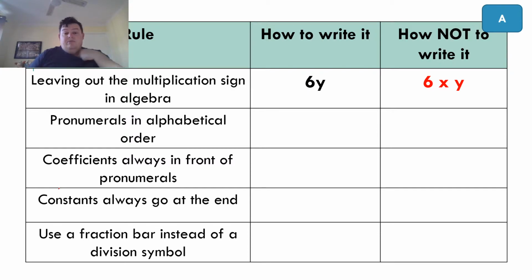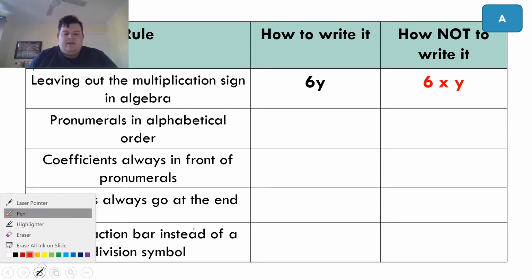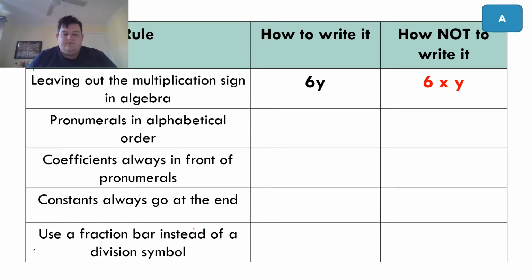So there's a couple of little rules that you should be thinking of. First one is when you're writing a multiplication sign with a coefficient and a letter together, you should just leave out that multiplication sign. It's good practice too.